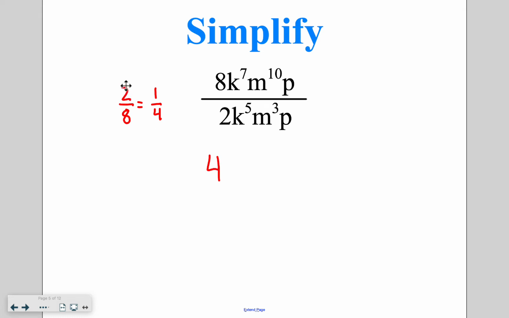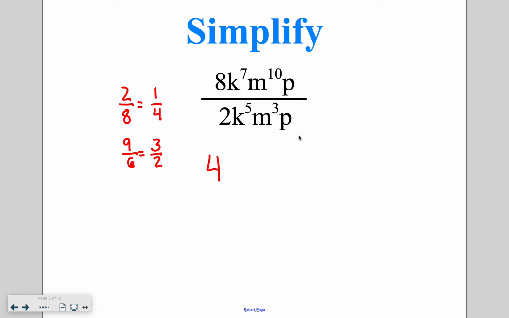If the numerator was smaller or a fraction that you couldn't completely reduce, so let's say that it was 9 over 6, both of those could be divided by 3, so putting it as 3 halves. So when you're looking at the coefficients, it's normal rules of reducing fractions. Either divide when you can, and if you can't, make sure it is simplified as much as possible.